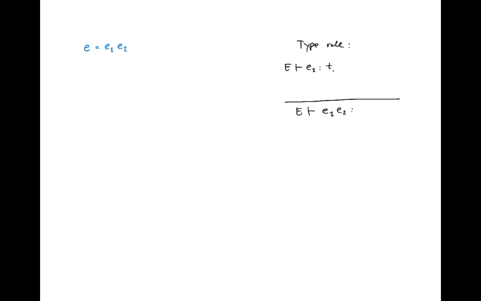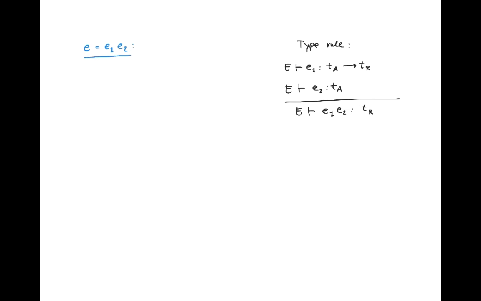So let's say that it's the argument type TA to result type TR, and then e2 should have argument type TA, and then we require that the type of the application is the result type.